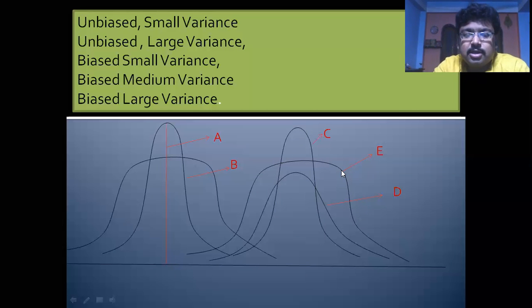So in this lecture, I tried to clarify the BLUE, the best linear unbiased estimator, with pictures and diagrams: what unbiasedness is, what biasedness is, when there is unbiased and small variance, when there is biased and large variance, and biased and medium variance. All types of situations I have tried to represent with the pictures.